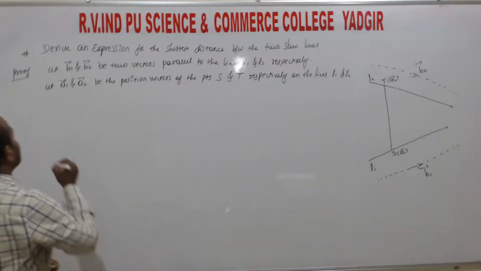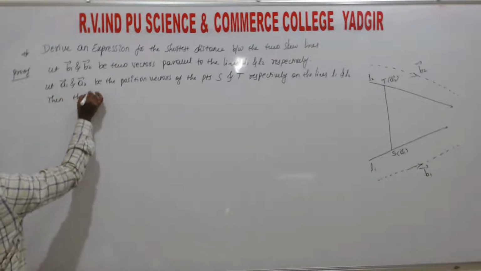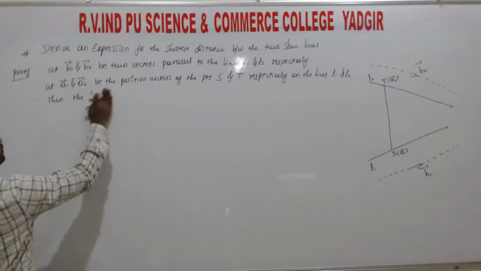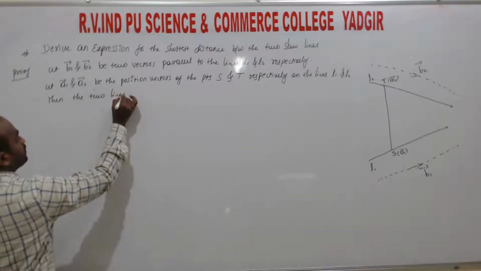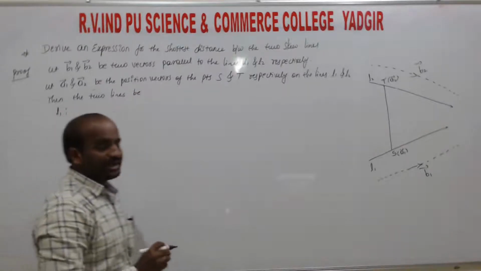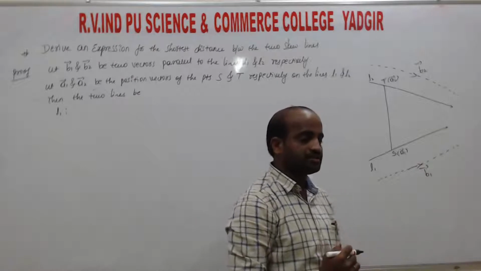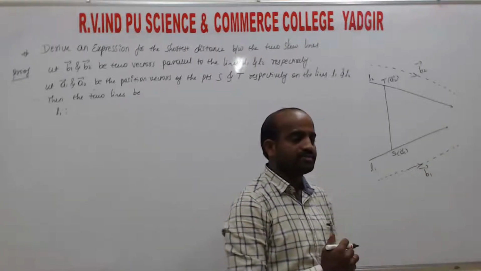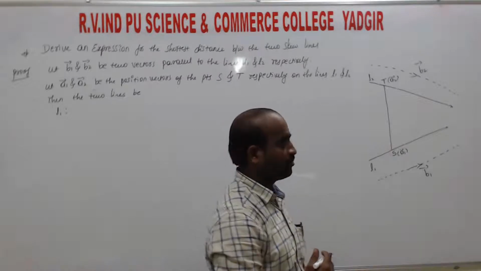Then the two lines: the equation of a line passing through a point and parallel to a vector is r vector equal to a vector plus lambda times b vector.